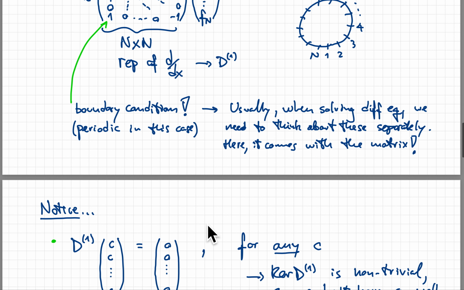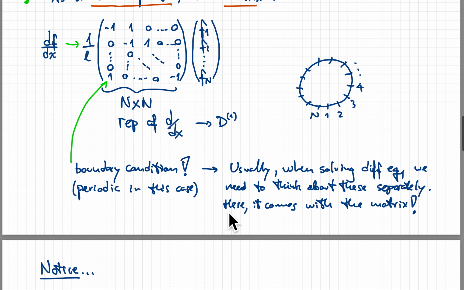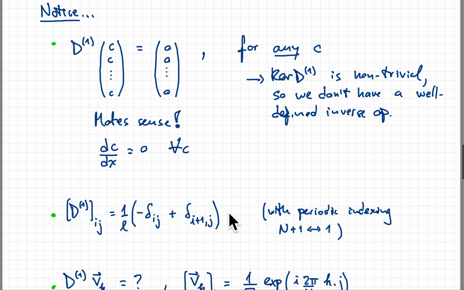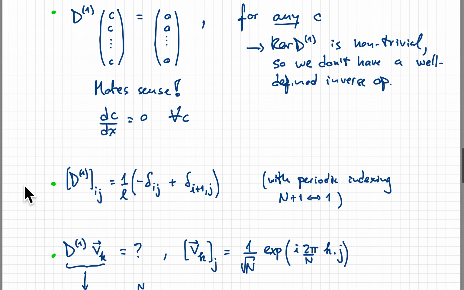So the ones and the minus ones, all the minus ones on the diagonal, all the ones here. Remember, there should be a 1 here. That was my mistake. And then this 1 here for the periodic boundary conditions would be accounted for by using periodic indexing. In other words, when i is n and we have to evaluate at n plus 1, we regard that to be 1. In other words, we take the integers modulo n, if you want a more precise way of saying this.